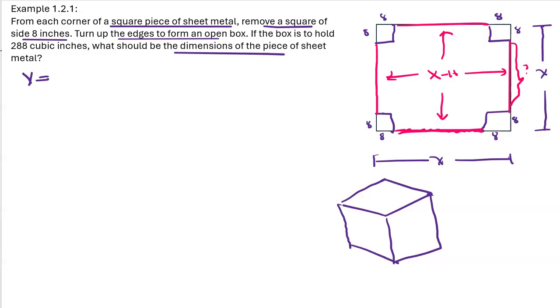Length times width times height, right? That's the volume of the box. So length times width times the height. So we're going to derive that from our sheet metal here. We're going to transfer the information we have from the sheet metal to the box.